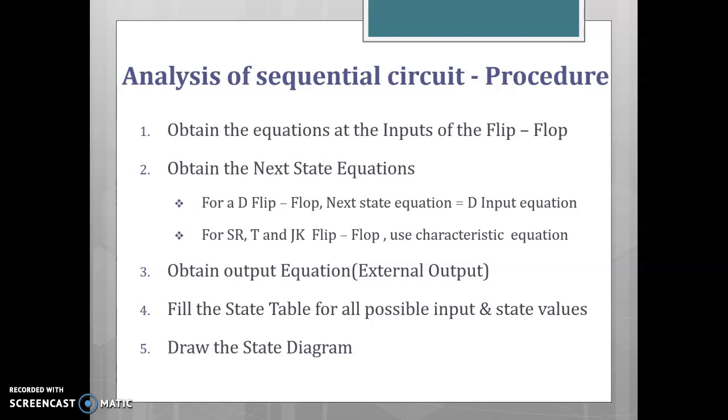Whereas for other flip-flops such as SR, T and JK flip-flop, the next state equations are determined using the characteristic equation. Next, write the output equation from the given sequential circuit and fill the state table for all possible combinations of the input and the state values. Finally, draw the state diagram.